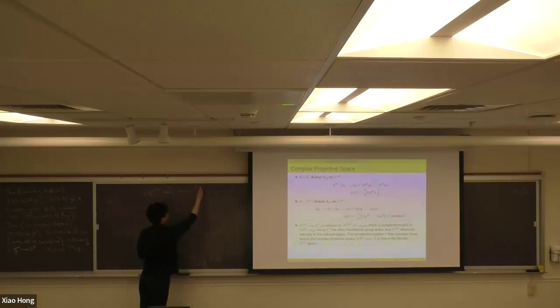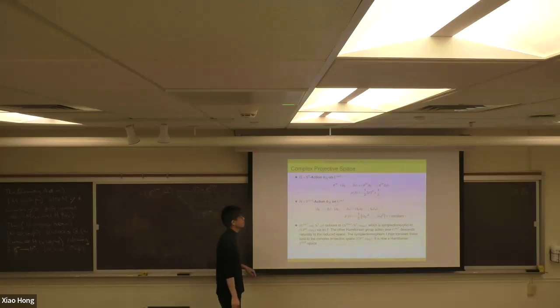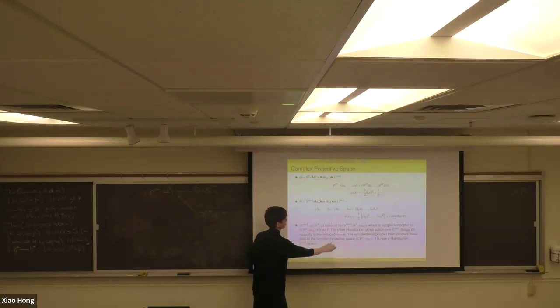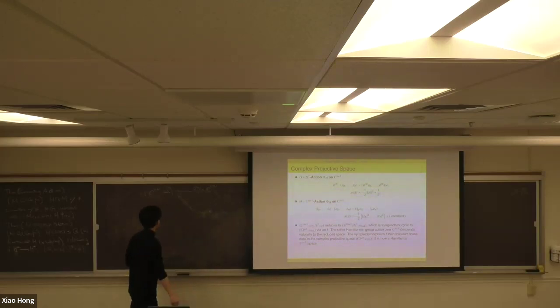First one is by circle action. Second one is by the toral action. The action is simply to pointwise rotate each of these coordinates. Their moment maps are given here. I will denote this group as G, this as H. Moment maps and actions.